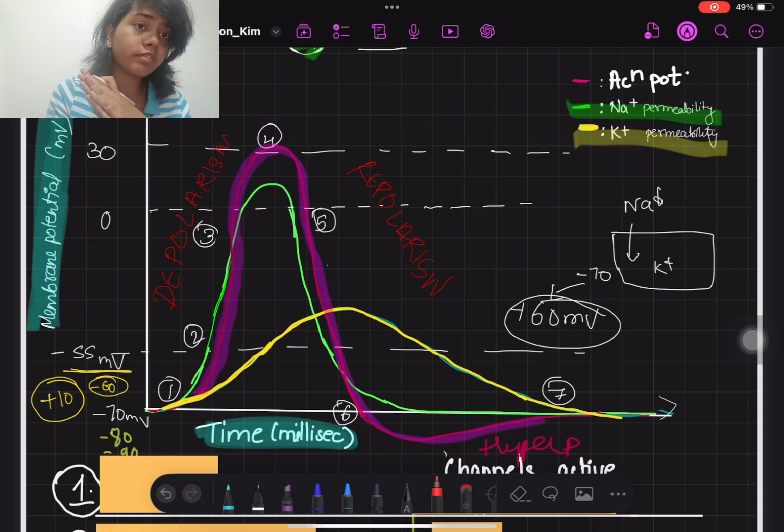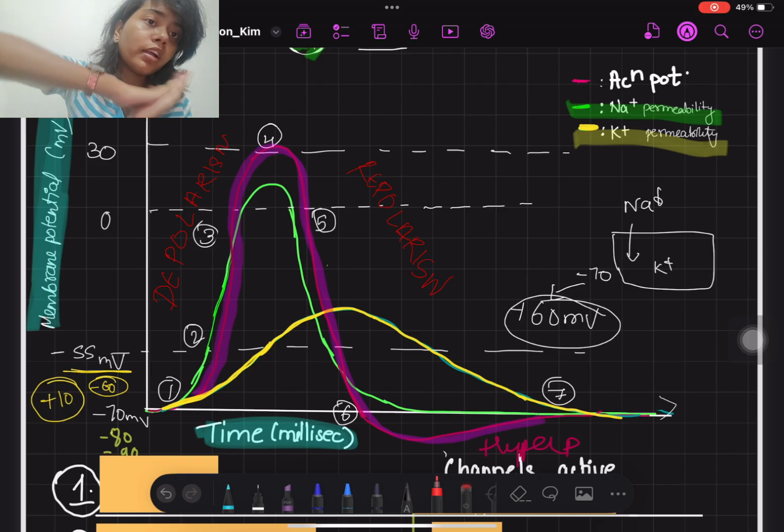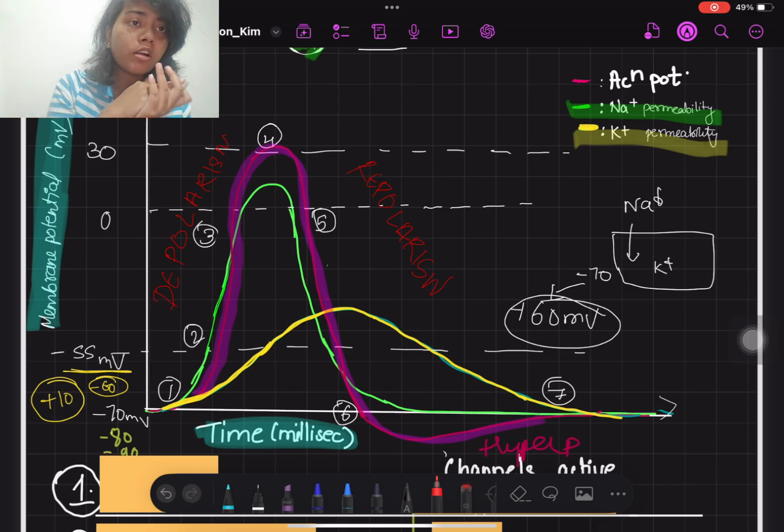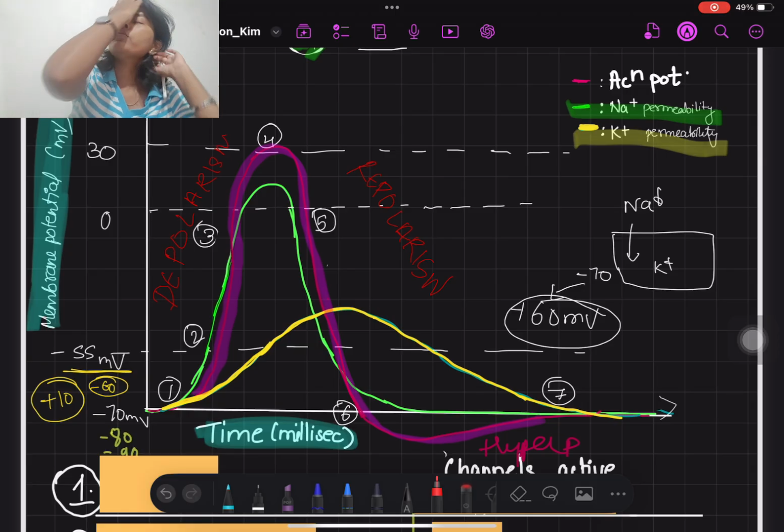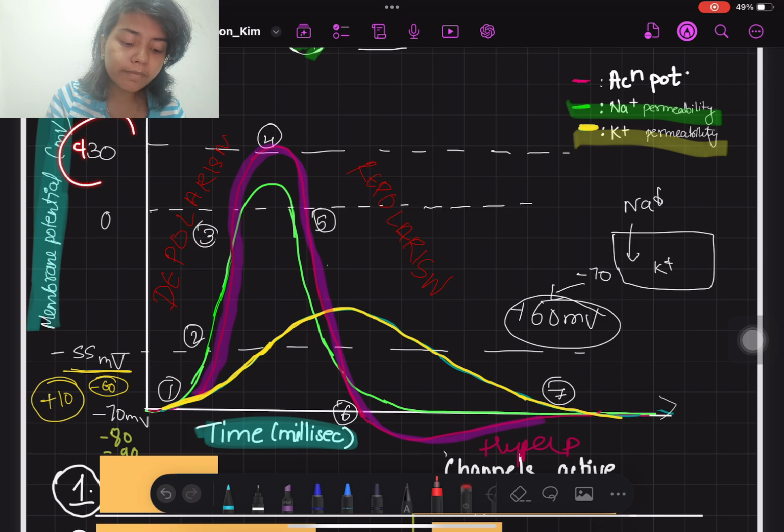Sodium was showing positive feedback, but then depolarization would continue forever. So in order to stop that, we have to cause the inactivation of gates. So at plus 30 millivolts there will be inactivation of gates acting. So plus 60 millivolts isn't reached.